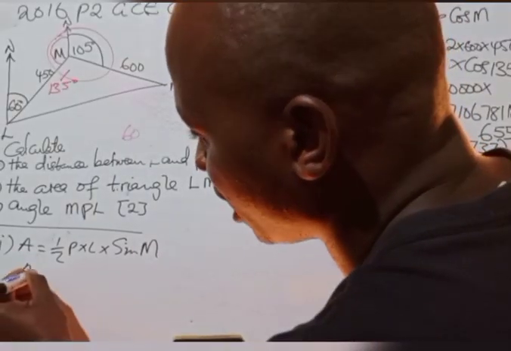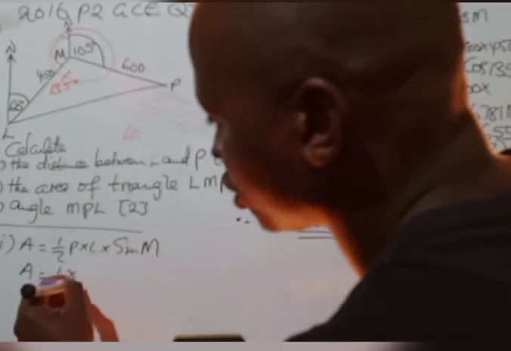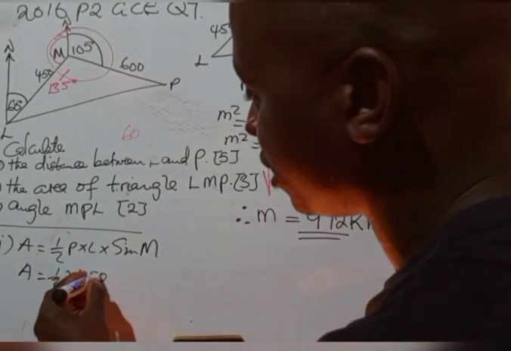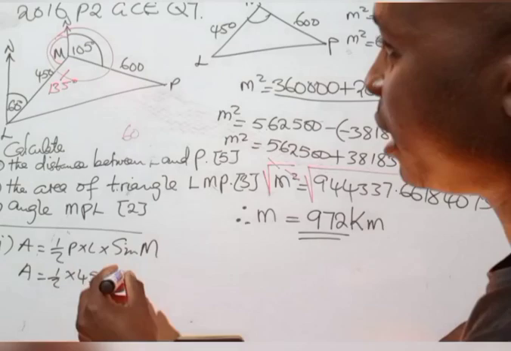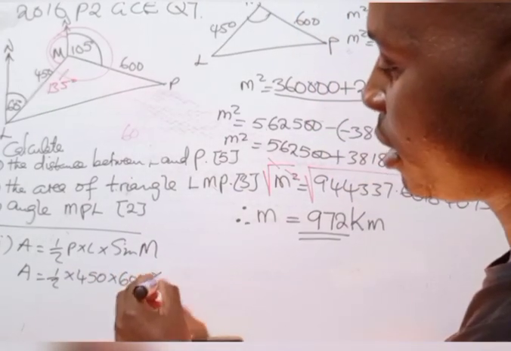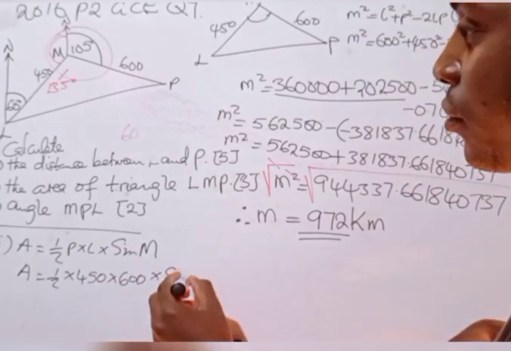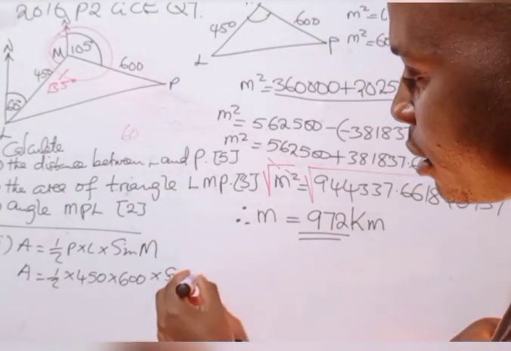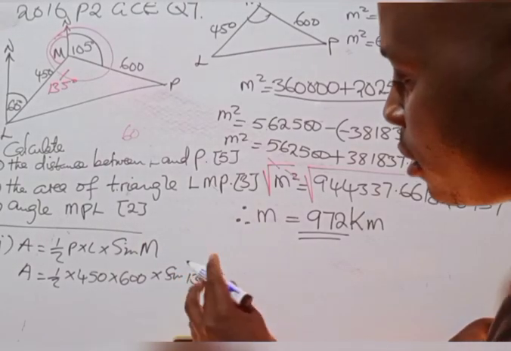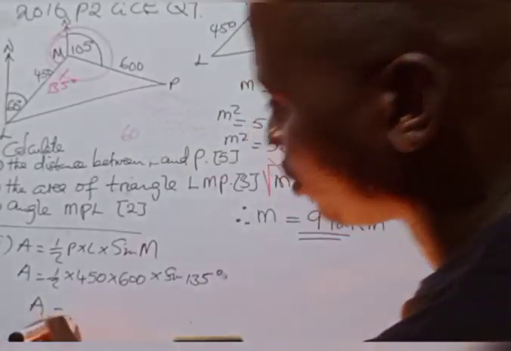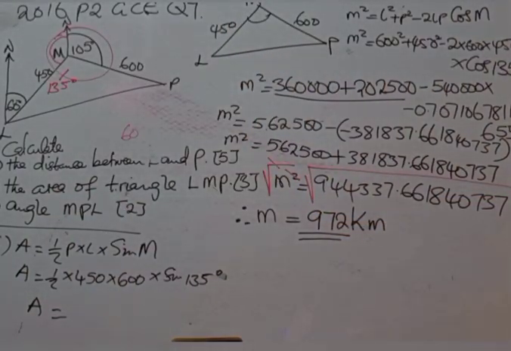So our area is equal to 1 over 2 multiplied by 450 multiplied by 600, then multiplied by sine angle M, which is 135 degrees.